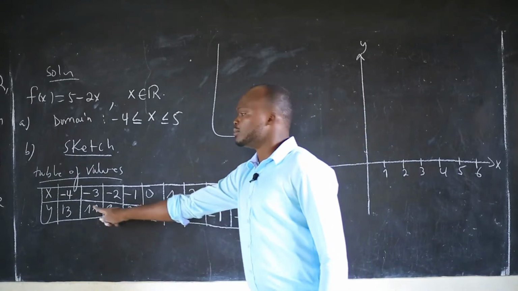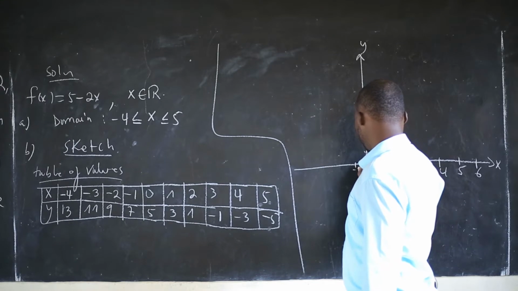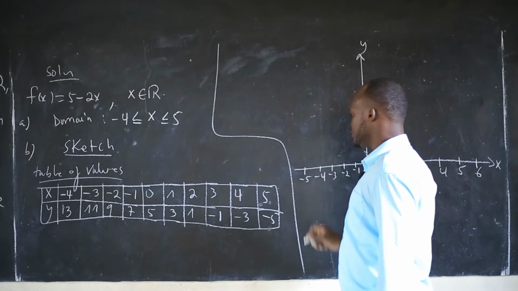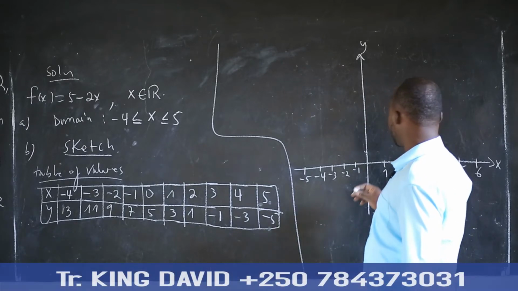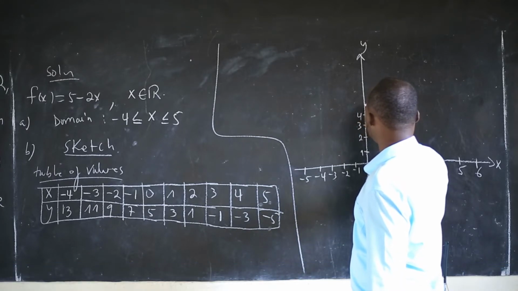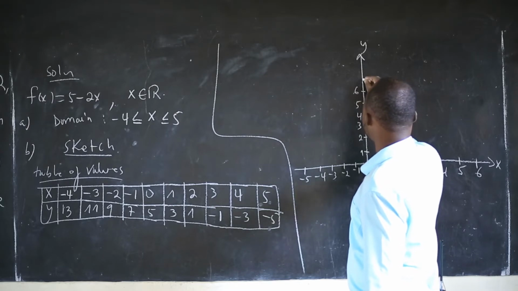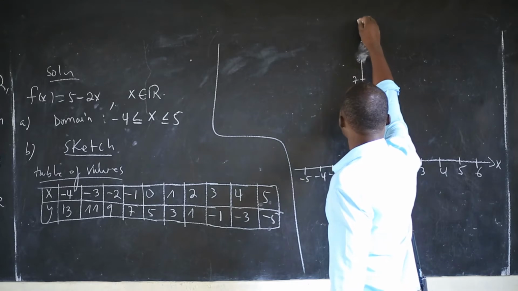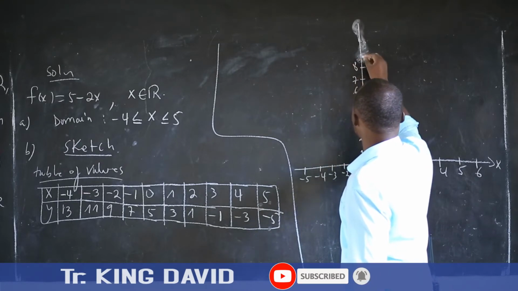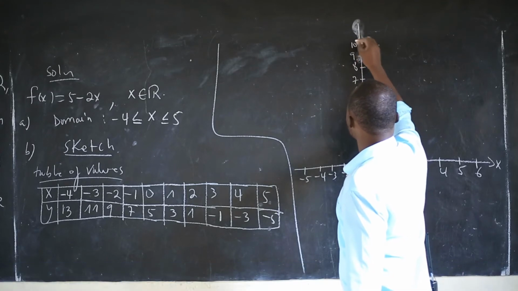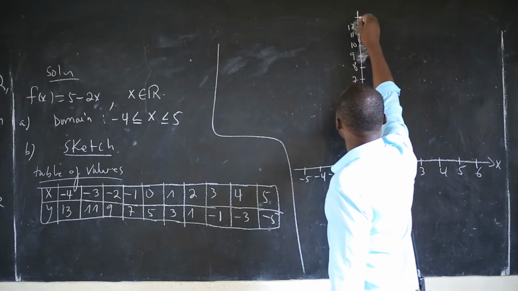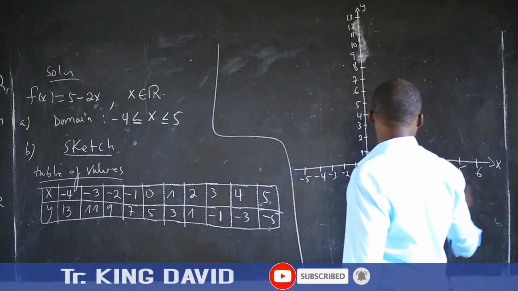In the negative direction, the smallest value is negative 4, so I have negative 1, negative 2, negative 3, negative 4, negative 5. On the y-axis, I have 13, so 1, 2, 3, 4, 5, 6, 7, 8, 9, 10, 11, 12, 13. So this is the y-axis, and that's the x-axis.